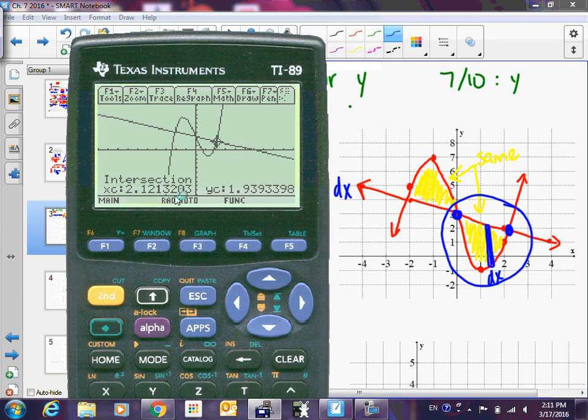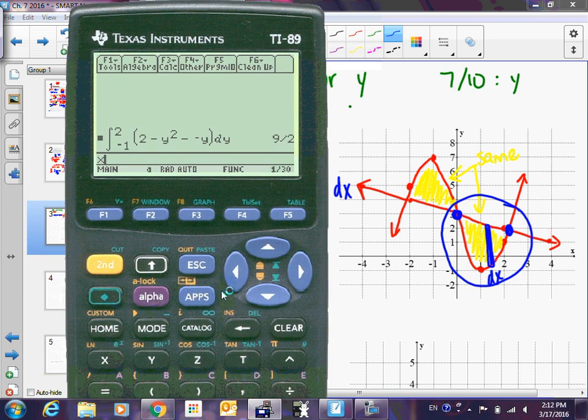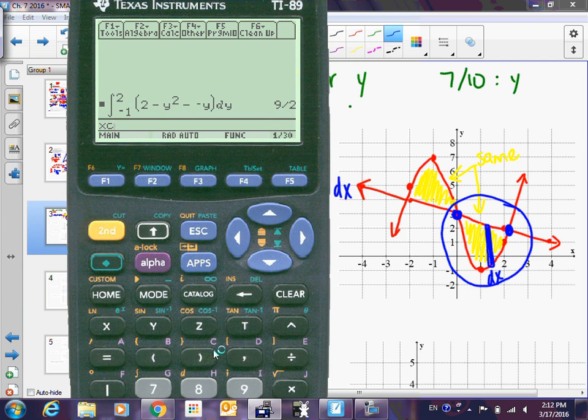Okay, now this is a very ugly number, so we can't just round it and move on with our life. We've got to either use this whole decimal here, and it even keeps on going, or you can see how it says XC. You can actually, in the home screen, if you typed in X alpha C, it'll bring that number up.